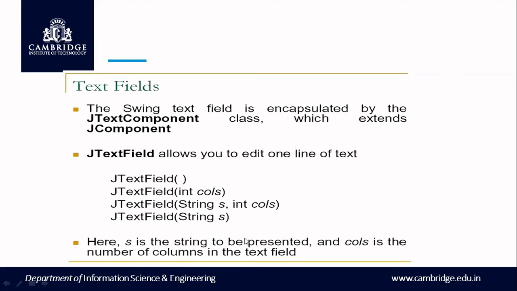S is the string that is already present in the text field, and cols says how many columns of characters are allowed. Next, JTextField(String s) gives only one text field with only one name present on it. That is also possible using this constructor. So these are the different constructors for the text field component.